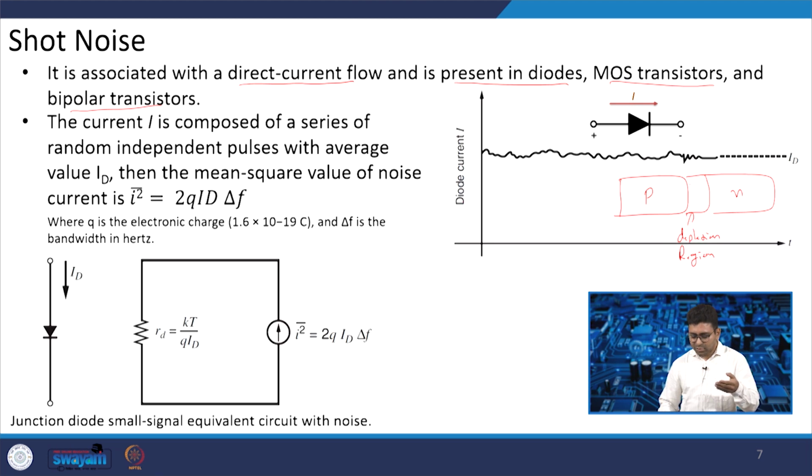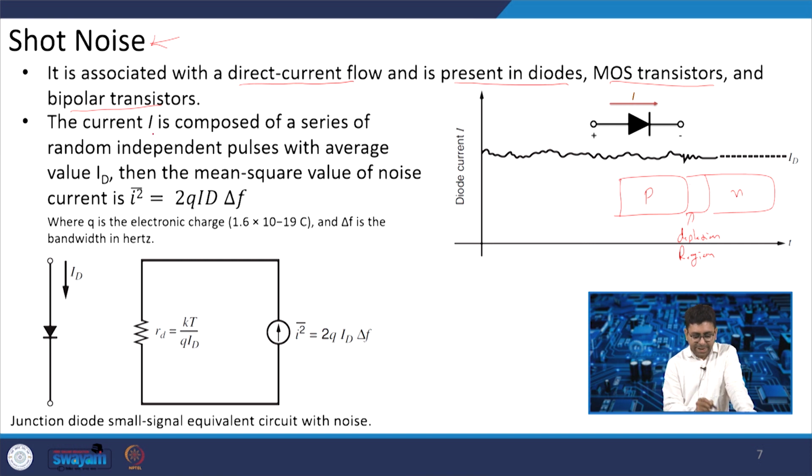When we see the current, it looks constant, but there is some variation because the number of electrons and holes that are moving might change, and that will create a little bit of noise. This noise is called shot noise.